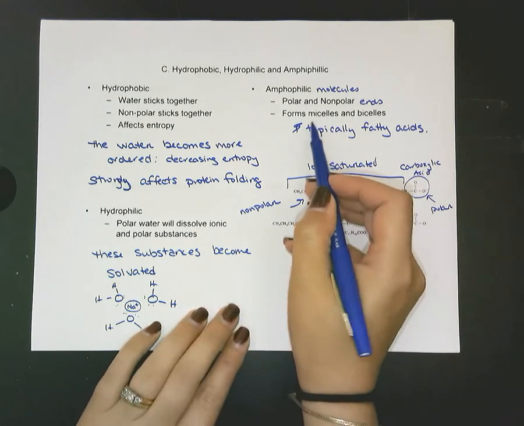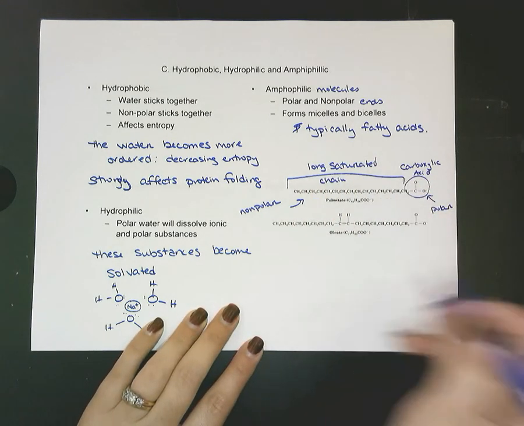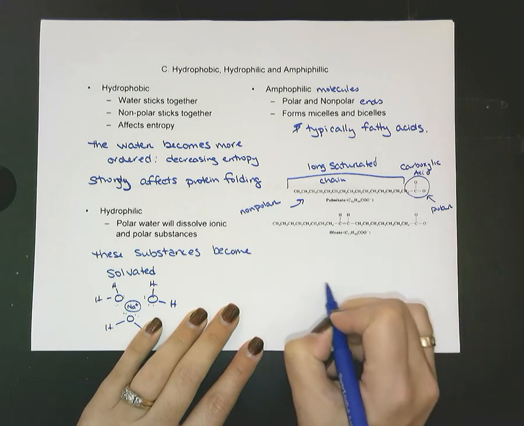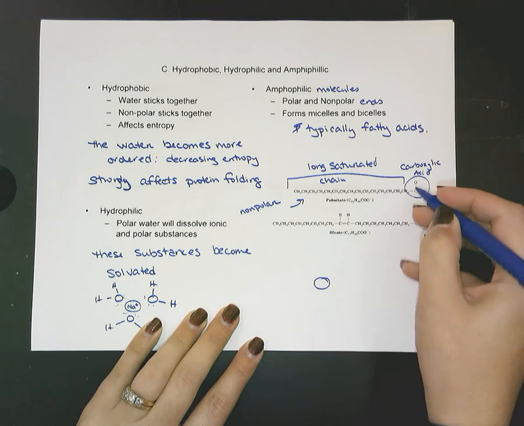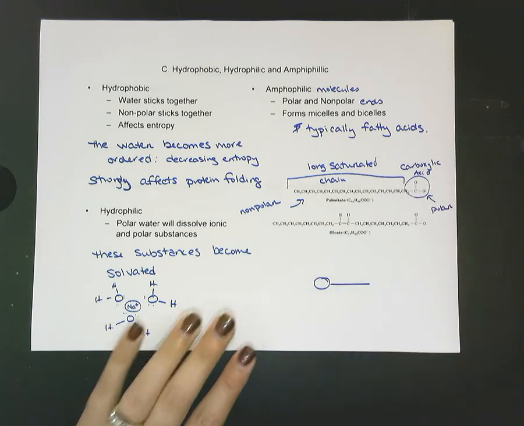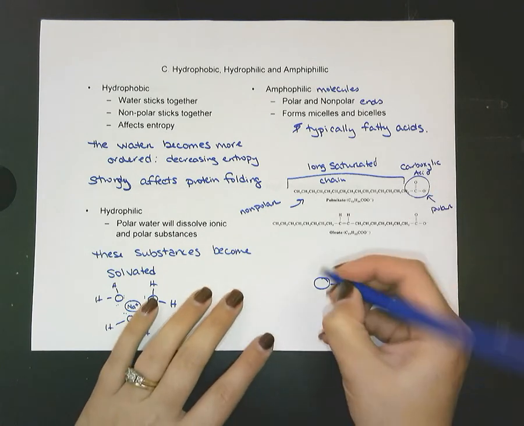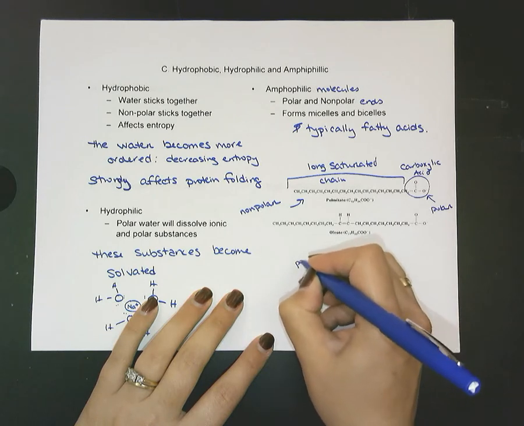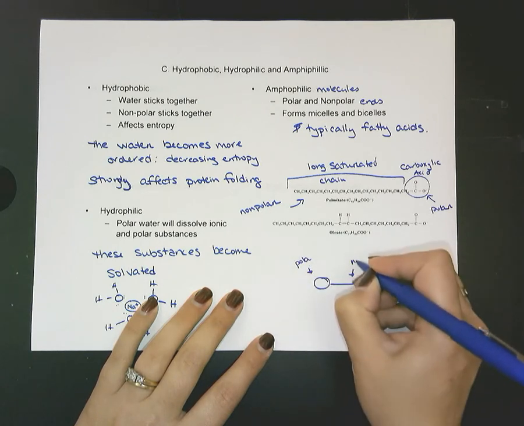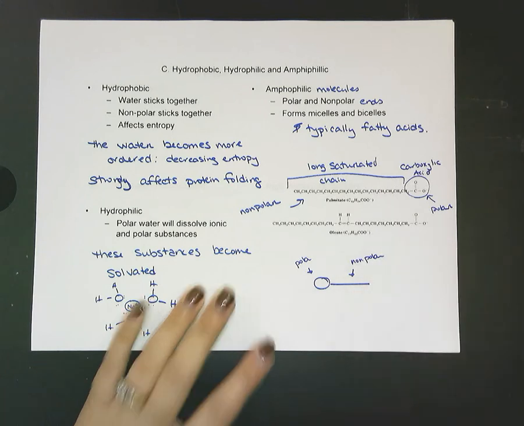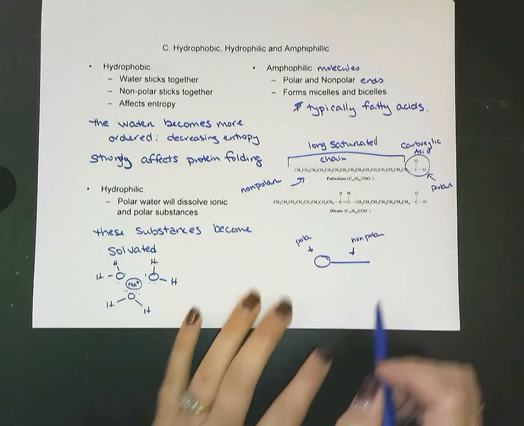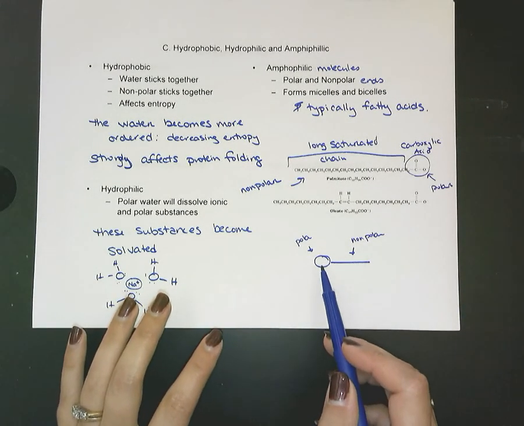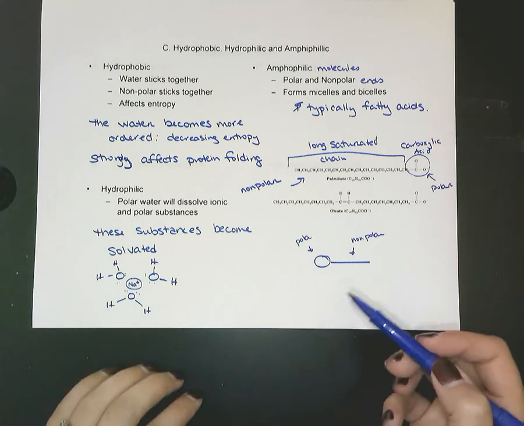And so in a micelle or a bicelle, depending on how many layers there are, I'm just going to draw a circle and then a long line as my fatty acid, where this is the polar, this is the nonpolar. These are going to choose to aggregate. Which end is going to want to associate with the water, my polar end or my nonpolar end?